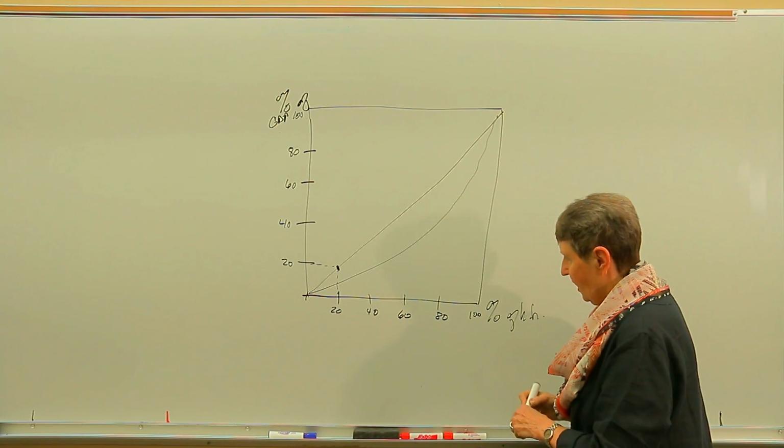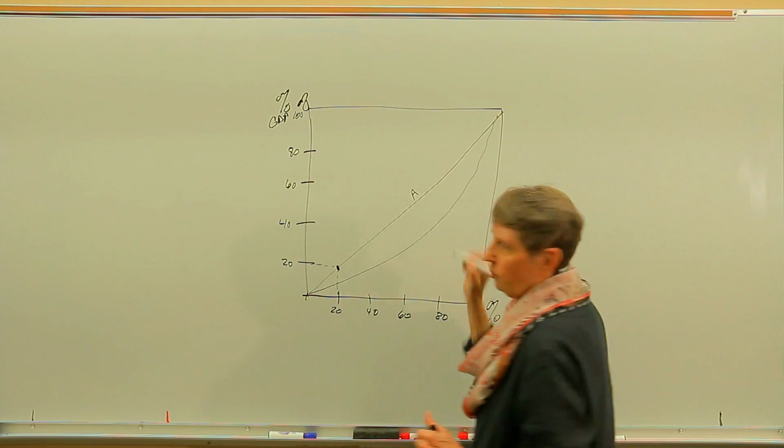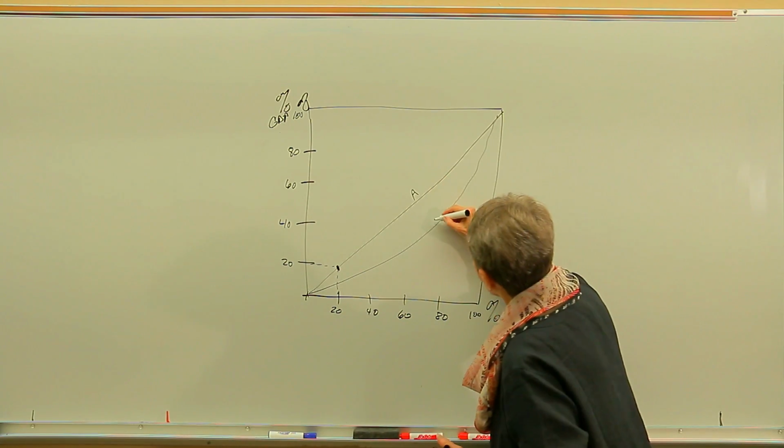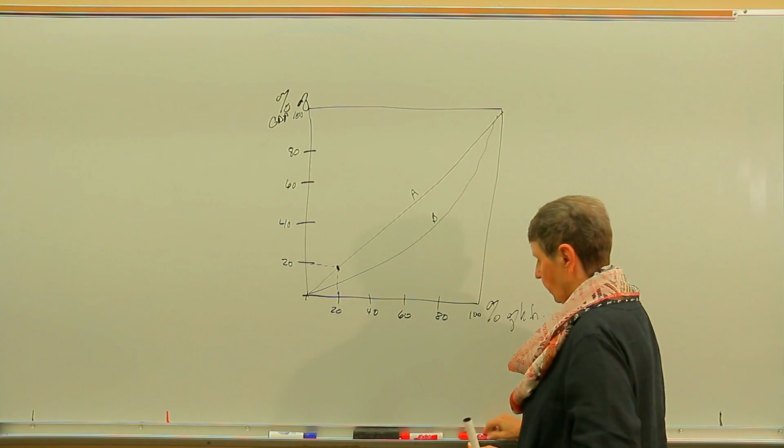And so I'm going to call this economy A, which doesn't exist. I'll call this economy B, and we'll draw another one in here in a minute.